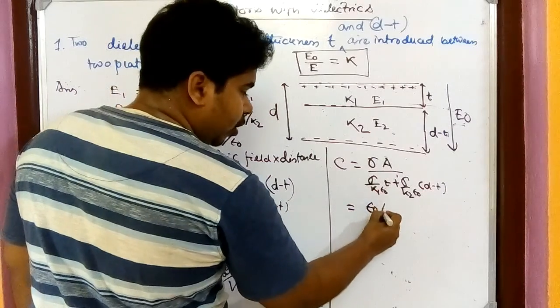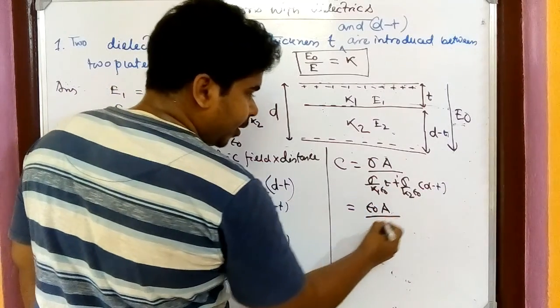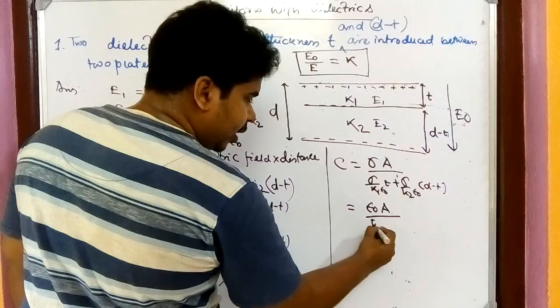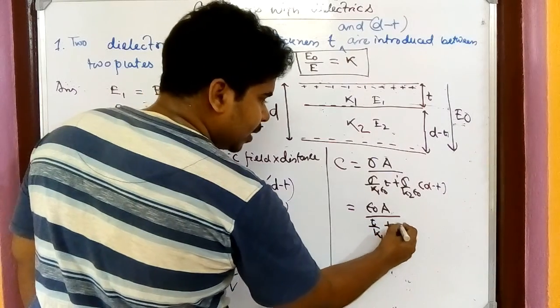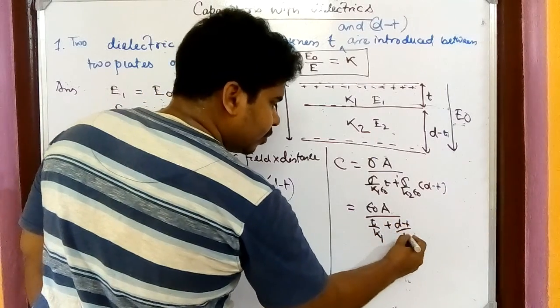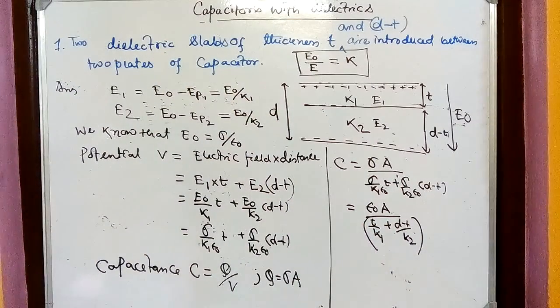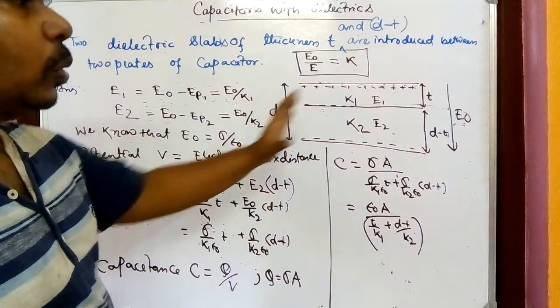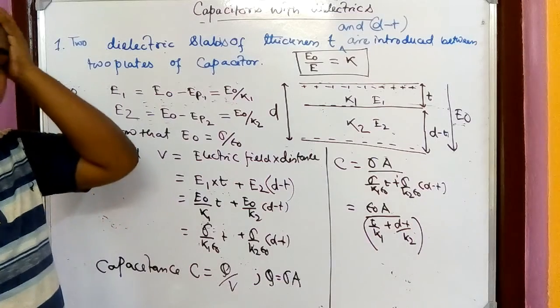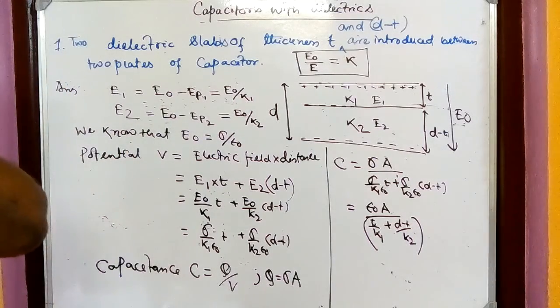So epsilon naught A by T by K1 plus D minus T by K2. Okay, so this is the capacitance whenever we have introduced two dielectric slabs of T and D minus T.